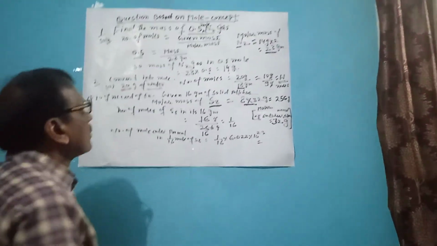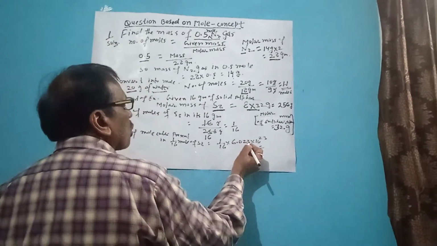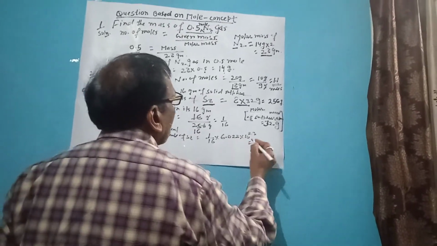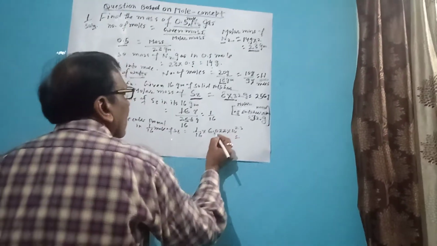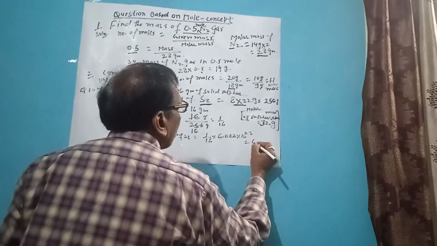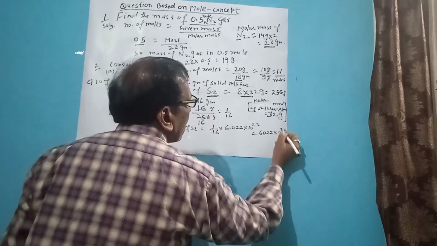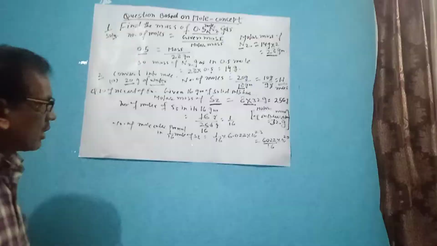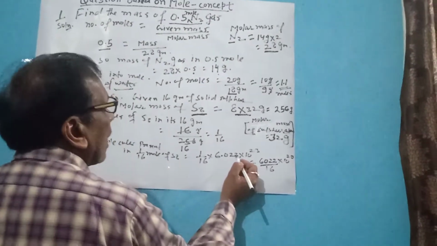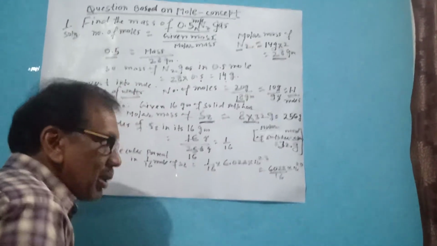Now here we can change 6.022 into 10 to the power 23 by removing the decimal. We can delete this decimal, so we write 6022 into 10 to the power 20 by 16. Here the decimal place is after 3 digits, so we can use the 10 to the power 3 for deleting the decimal place.